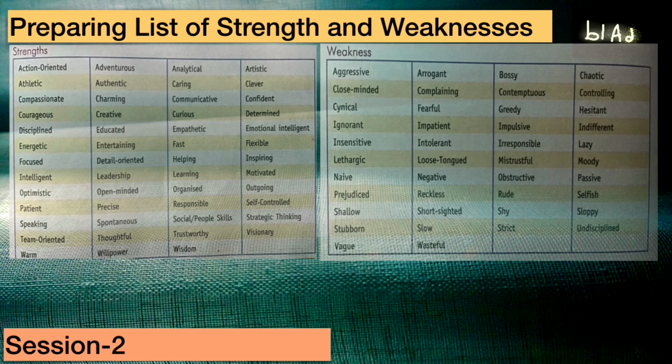These are positive words, basically strengths of mind. And the weaknesses are written as aggressive, close-minded, ignorant, intensive. Whatever it may be, you self-analyze, check out your strengths and weaknesses, and list them like this.